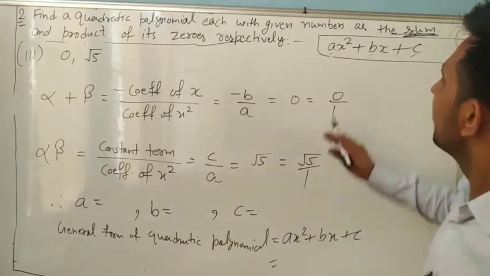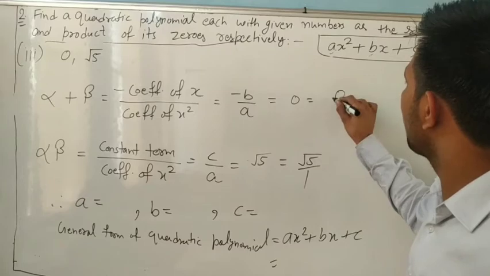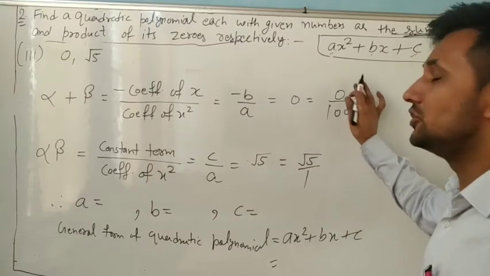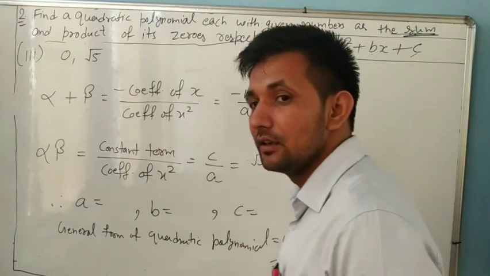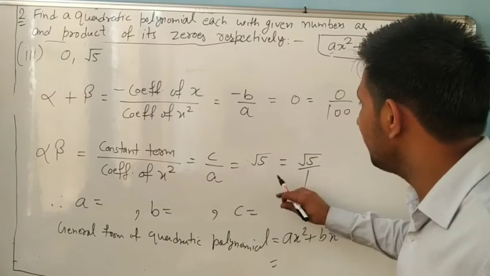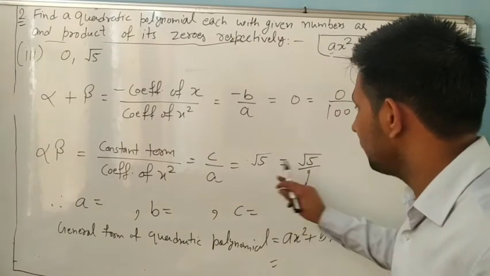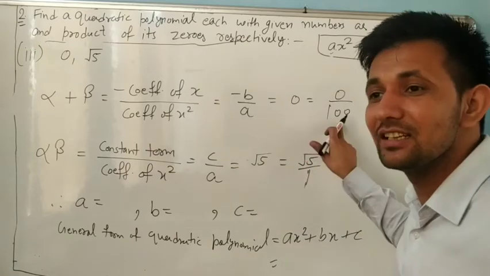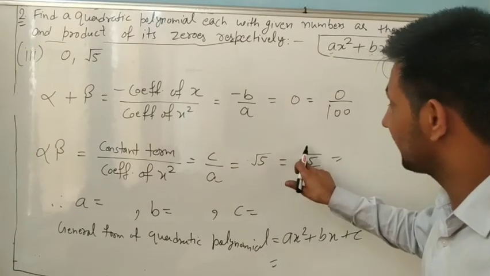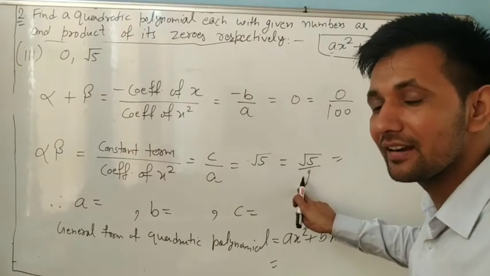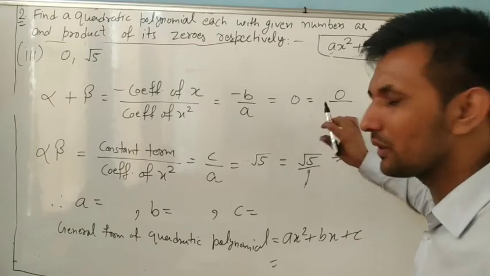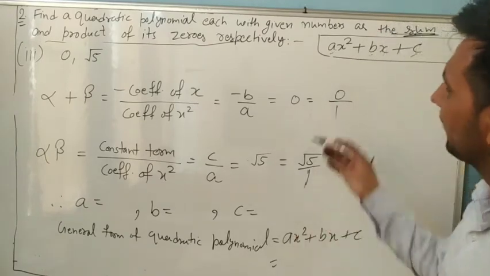And listen dear, you can write 0 divided by 100 also, and root 5 divided by 100 times... we multiply here 100, here 100. You can take any value, don't be confused.